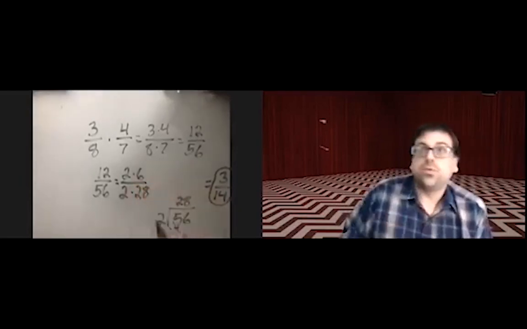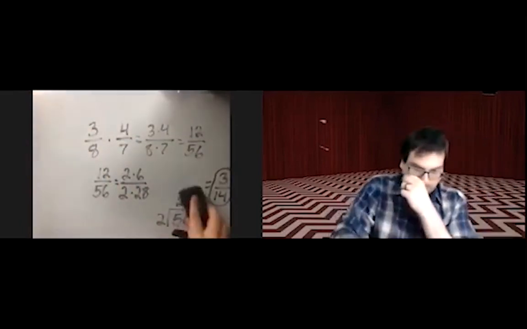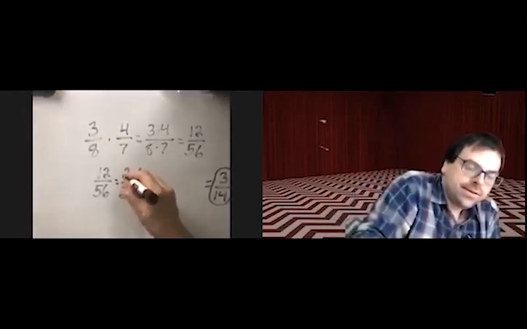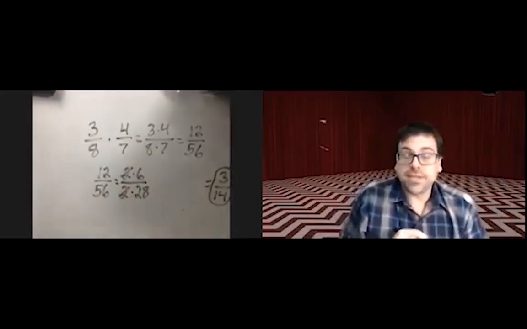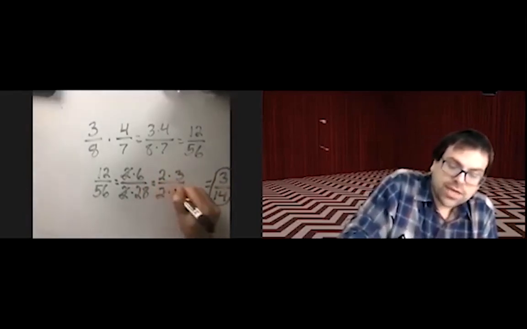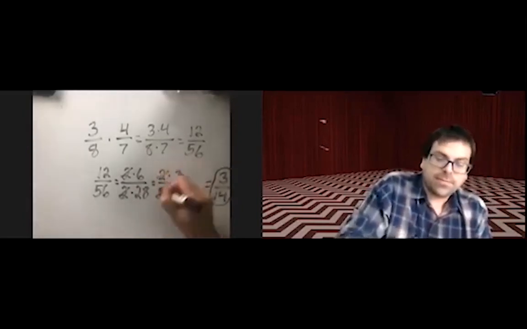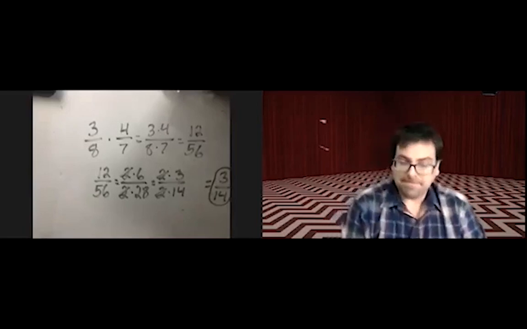It'd be 2 times 28. That pair of 2's cancels. We're left with 6 over 28, but 6 is 2 times 3. 28 is 2 times 14. The pair of 2's cancel, and there's our 3 over 14.